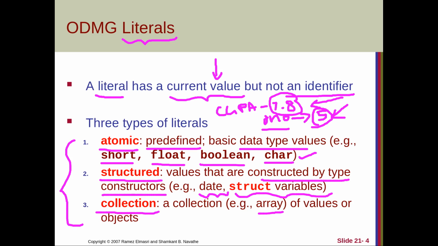Sometimes it will be a character array, sometimes a number array, depending on the values, or it can also be a set of objects. Some objects can be part of an array. A group of objects can be called a collection. A group of values can be called a collection. So a group of any type can be called collection literals.